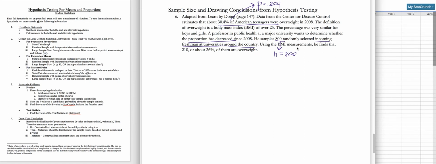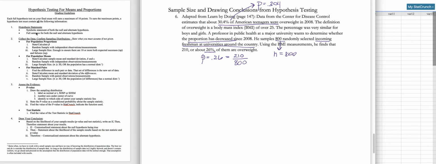In this sample, he finds that 210, or about 26% of them, are overweight. So because this is referring to our sample value, we'll have that p hat equals 26%, or 0.26, and that would have come from taking the number of successes, 210, out of the sample size, 800.